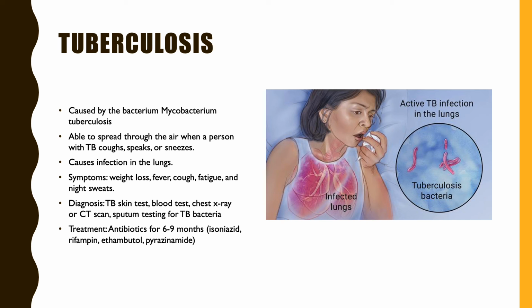A diagnosis for tuberculosis could be done through a tuberculosis skin test, a blood test, a chest x-ray, or a CT scan. It will also include sputum testing for the tuberculosis bacteria. Treatment for tuberculosis involves antibiotic use for 6 to 9 months. Some antibiotics used to treat tuberculosis include isoniazid, rifampin, ethambutol, and pyrazinamide.